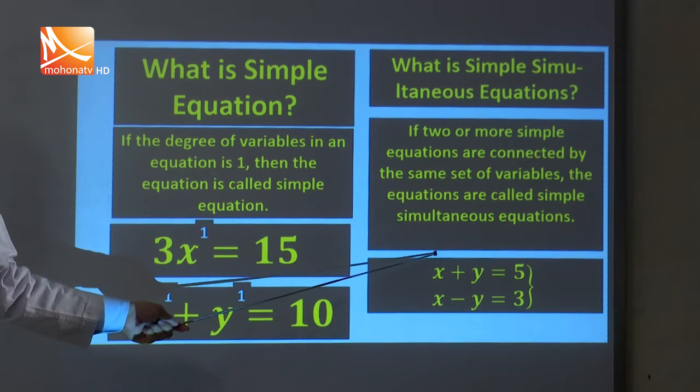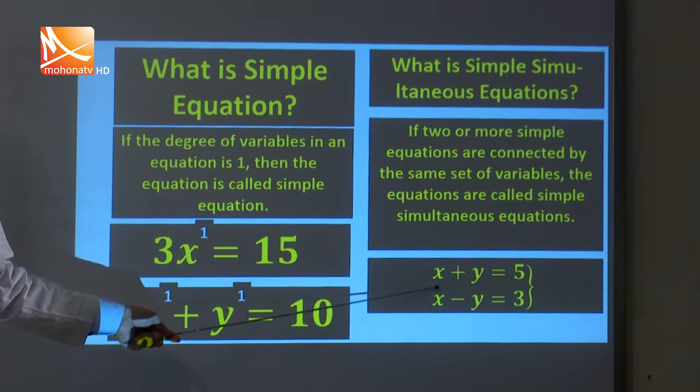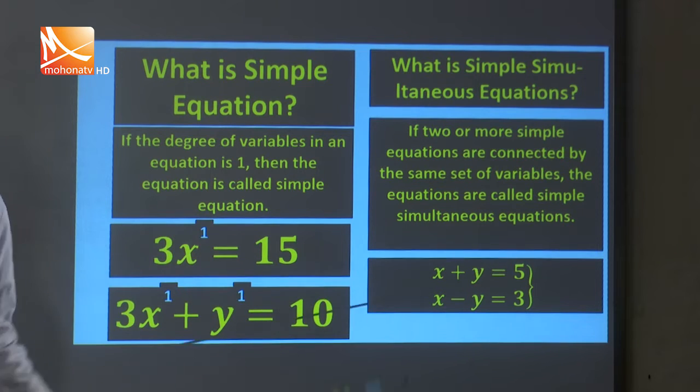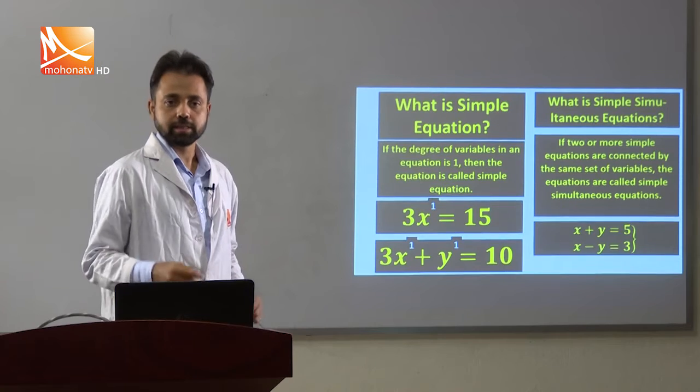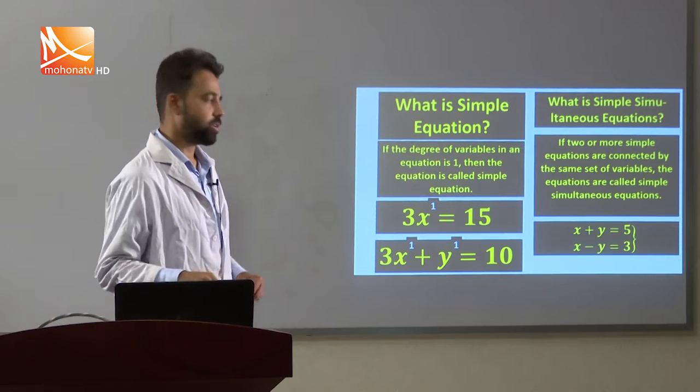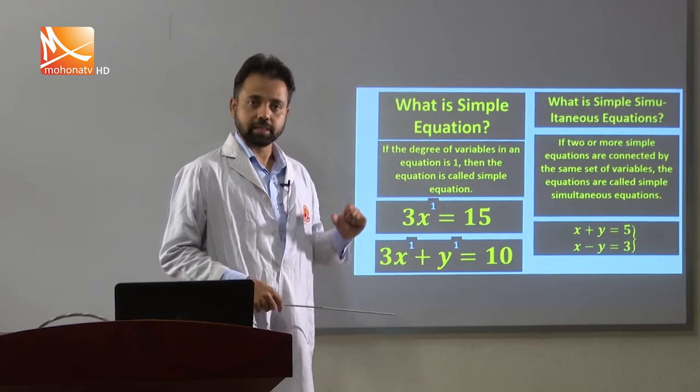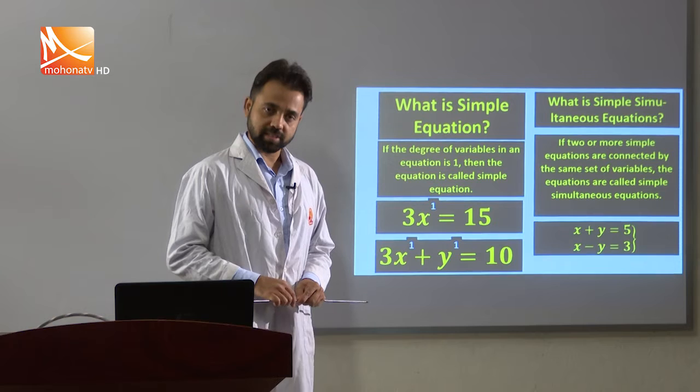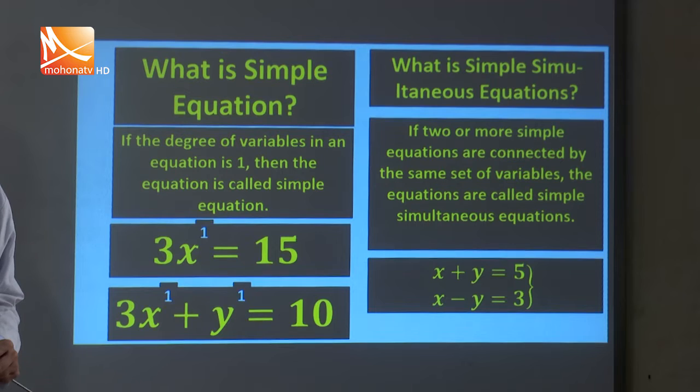So, this group of simple equations is called simple simultaneous equation. When we write 2 or 3 simple equations together, then this set is called simple simultaneous equations. You have to keep in your mind that a simple simultaneous equation means group of simple equations.